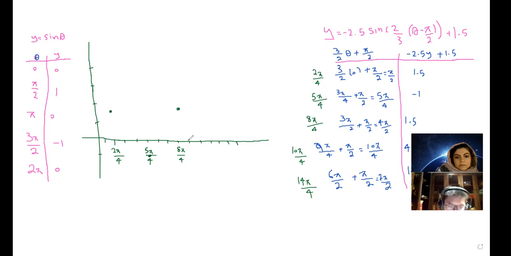10 pi. Sorry, multiply by 2. Yeah, multiplied by 2, this is going to be 11, right? This is 2 plus 9 is 11 here.